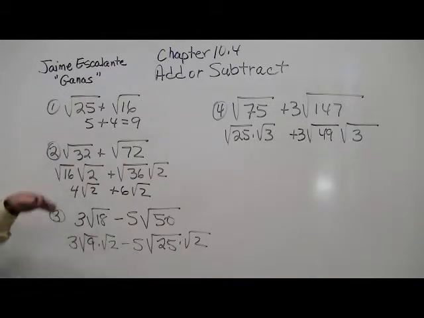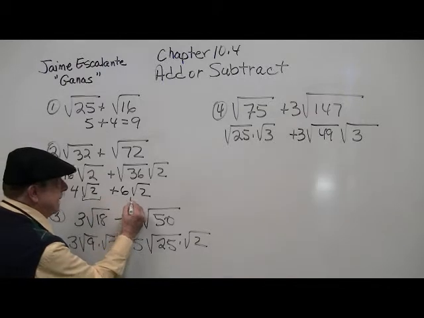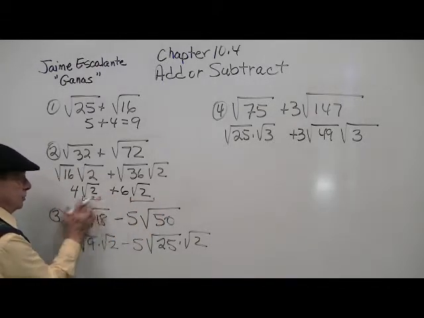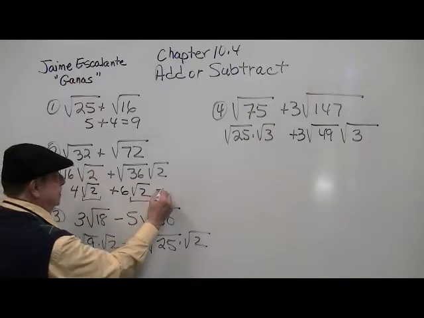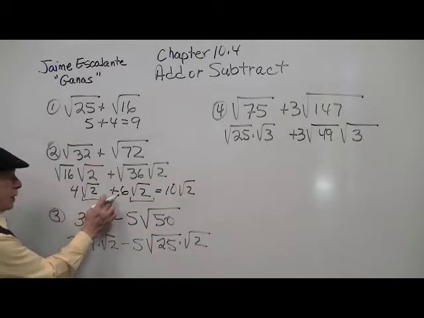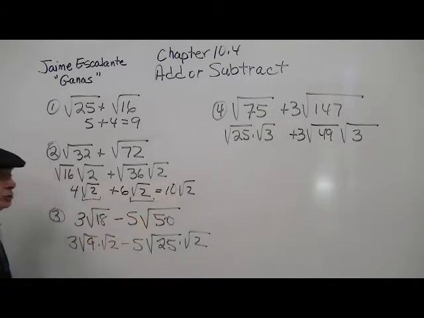Now, when we are adding radical expressions, we treat this just like they were like terms. If the radical part is exactly the same, then we just add the numerical coefficient. So then this will become 10, the square root of 2. Remember, when we're adding, the radicand doesn't change.